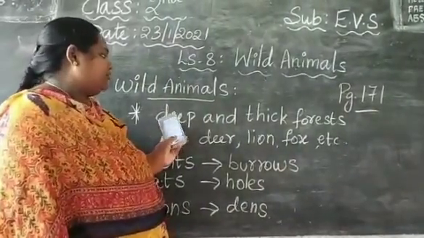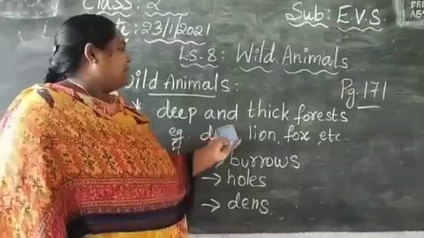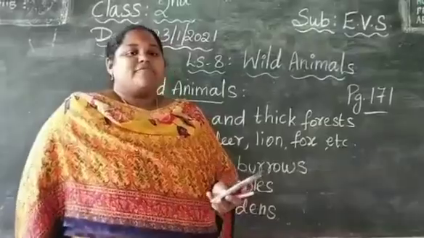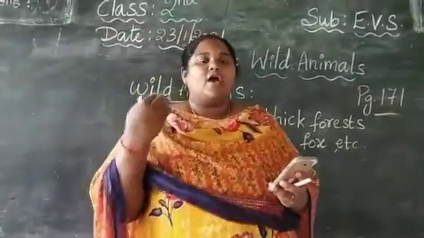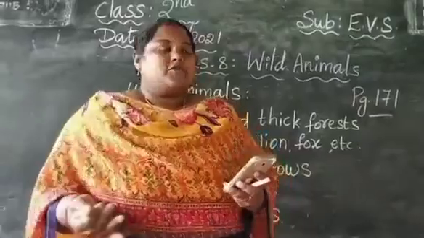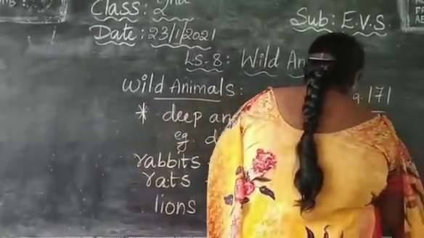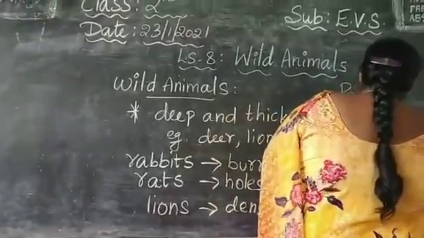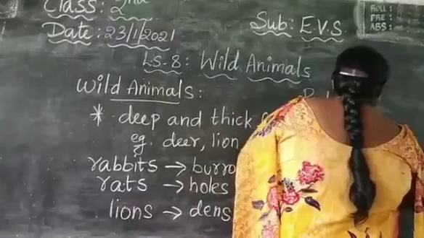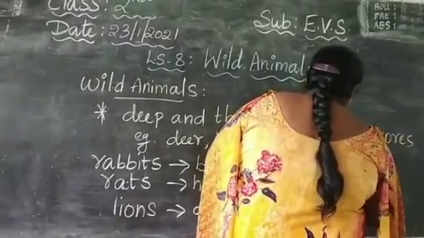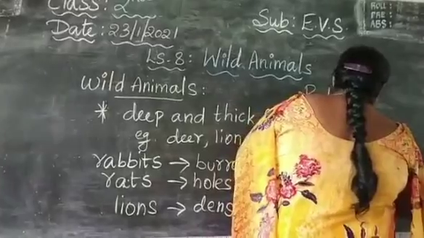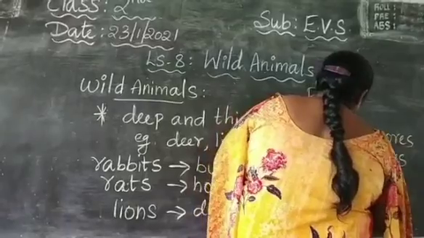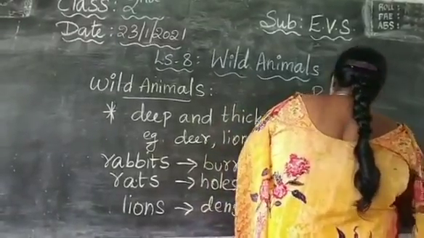So wild animals are animals that live in deep and thick forests. For example, deer, lion, fox, etc. We can classify wild animals according to their eating habits: herbivores, carnivores, omnivores and scavengers.